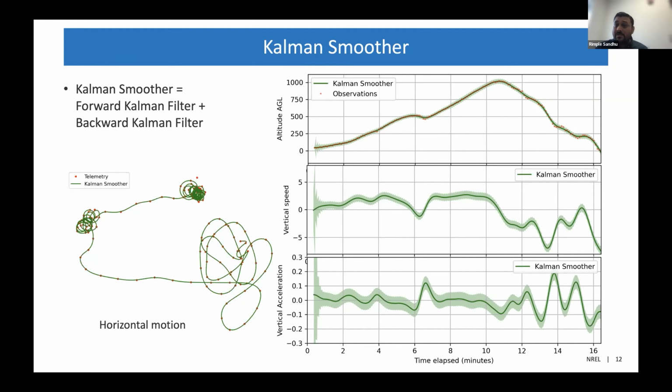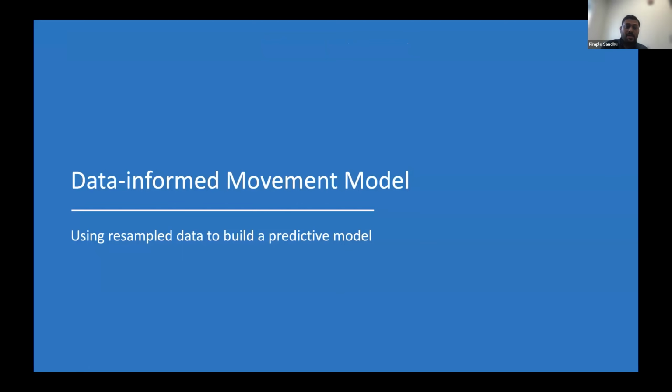So the 1 second interval of Kalman smoother lets us make sure that we are not missing these, because these are important maneuvers that golden eagles are doing, and we need to capture that in the model. Yeah, so we have uncertainties information in acceleration, speed, and altitude, and same process goes for X location and Y location. So we have all the parameters in the 3D movements.